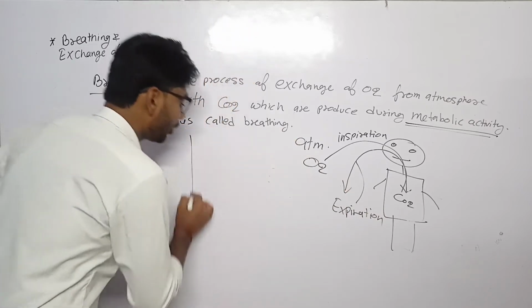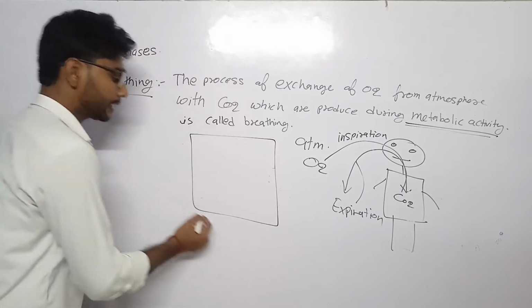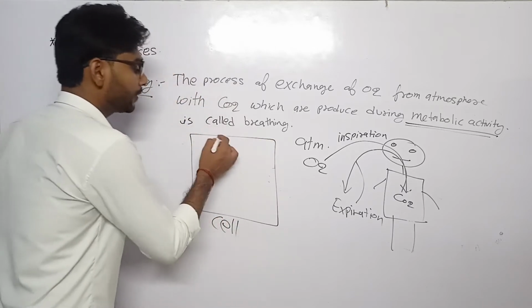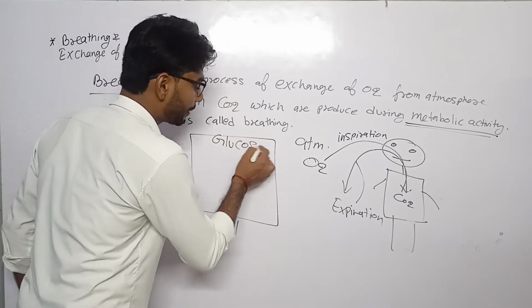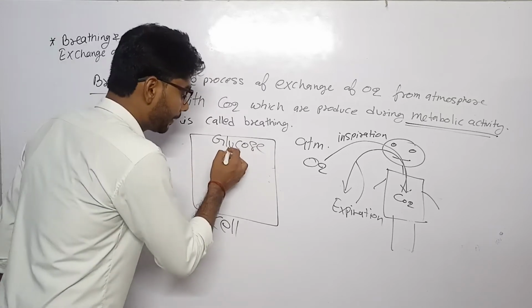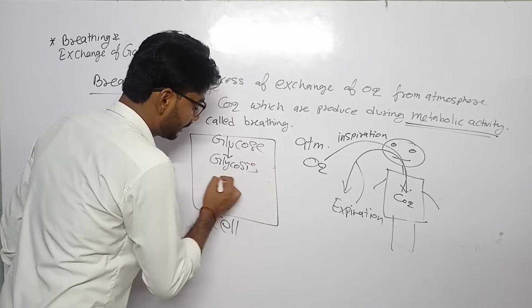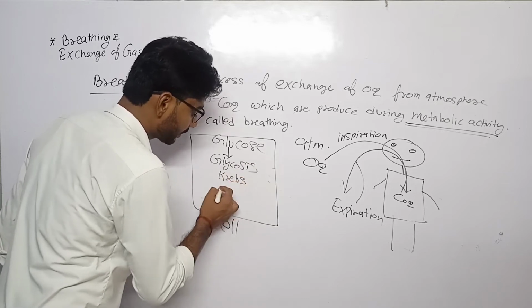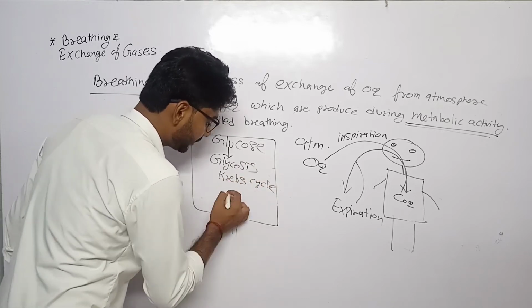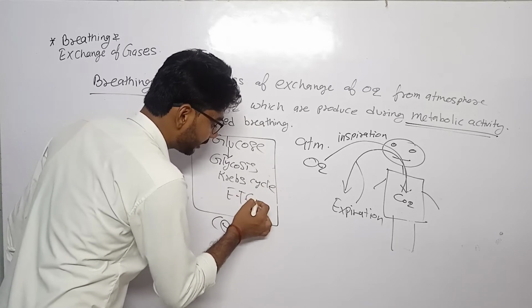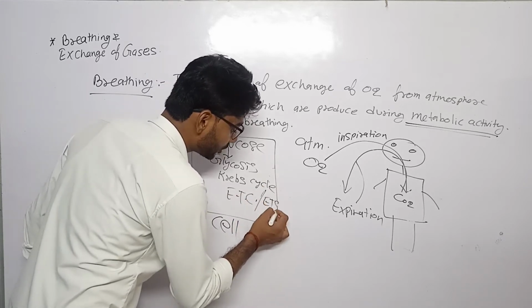When the absorbed food material becomes a part of the cytoplasm of a cell, glucose molecules are broken down within the cell by the processes of glycolysis, Krebs cycle, and the electron transport chain or electron transport system.